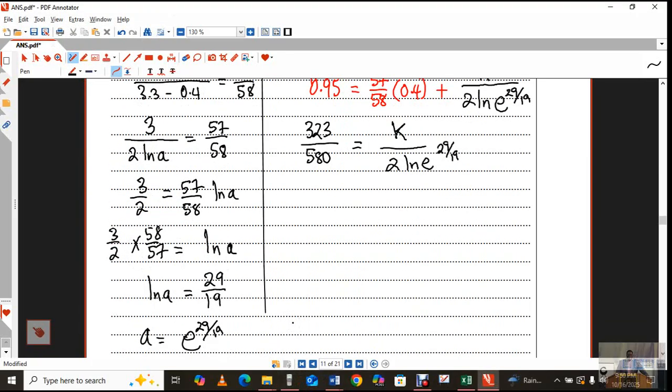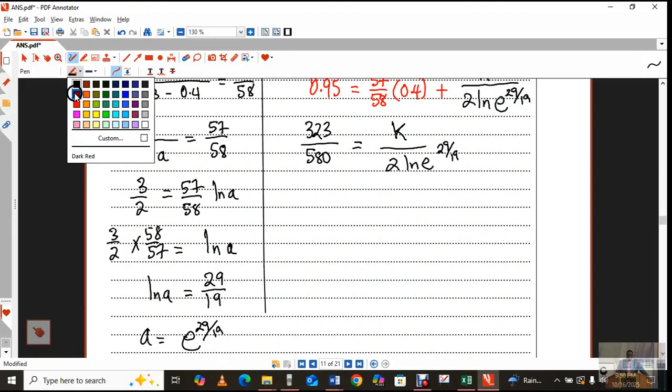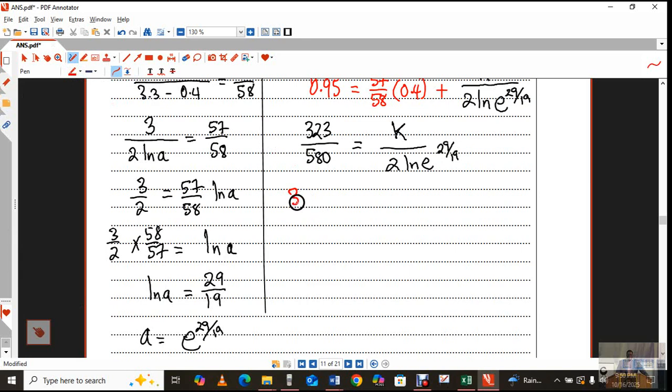Now I'm just going to go step by step. This is 323 over 580, and this is equal to k over 2 times 29 over 19, because if I bring that 29 over 19 using the power law, the natural log of e is just equal to 1. Okay, so far so good.